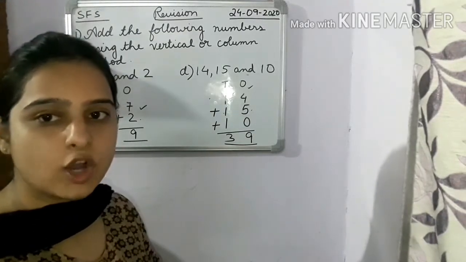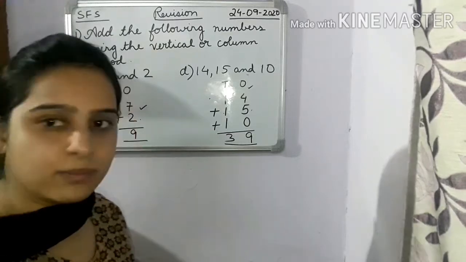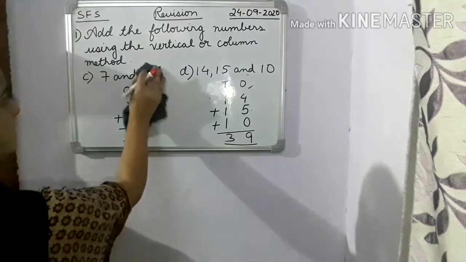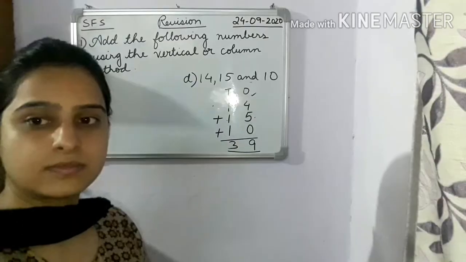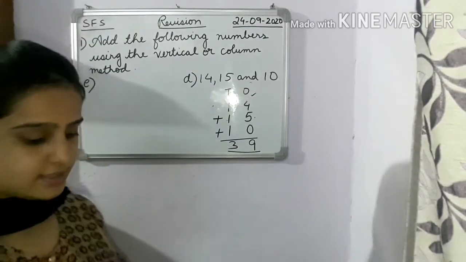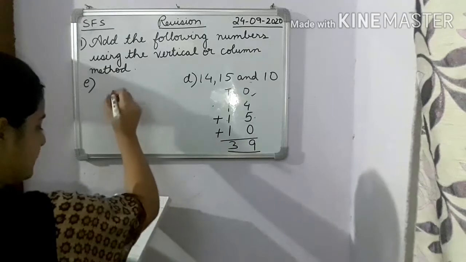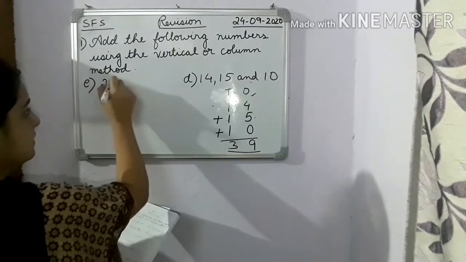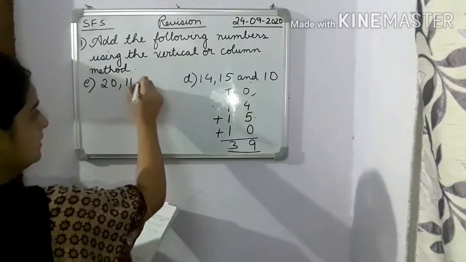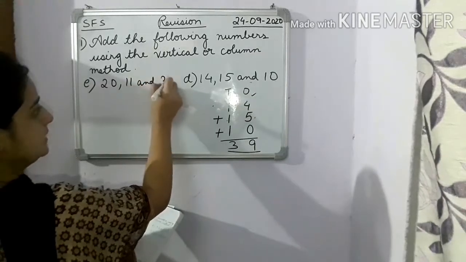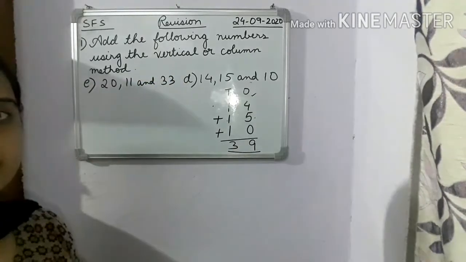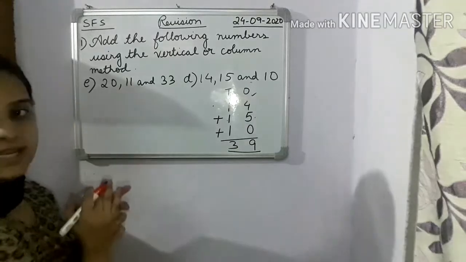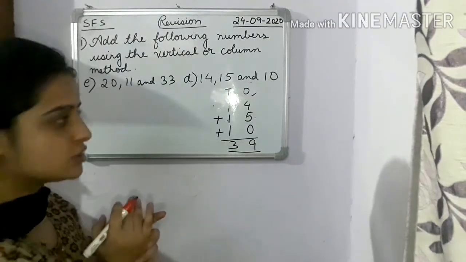You can do this in your copy, children. Let's do one more last. E, that is 20, 11 and 33. So children, we will arrange this vertically. Let's do it.